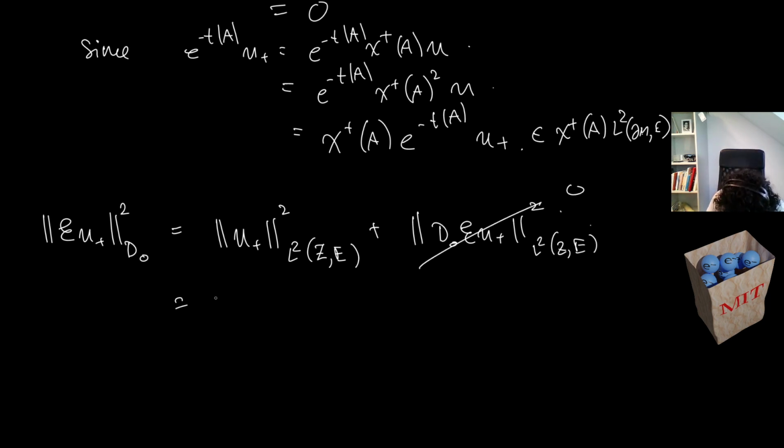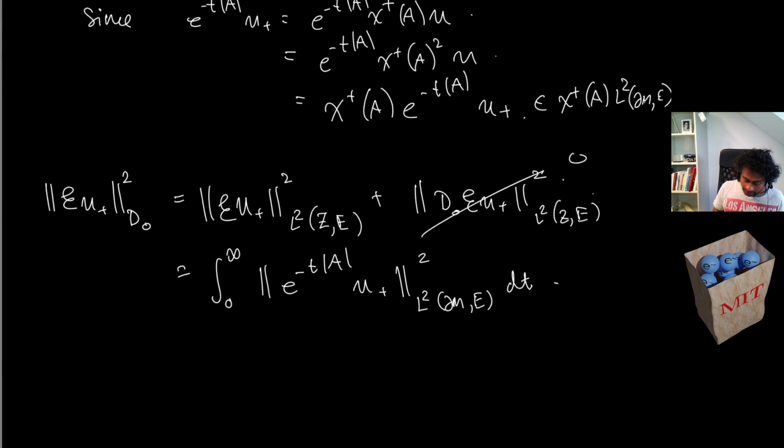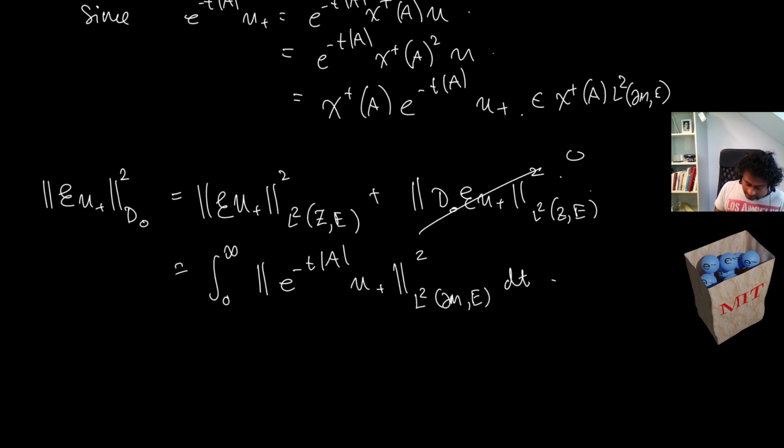So what is this term? This is the integral from 0 to infinity of e to the minus t modulus A u plus, L2 on the boundary, dt. This is just integrating slice-wise across the boundary. I think it's easy to verify, you can easily see that this is the L2 norm. I hope that everyone's happy up to this stage that this is the L2 norm. Yes?